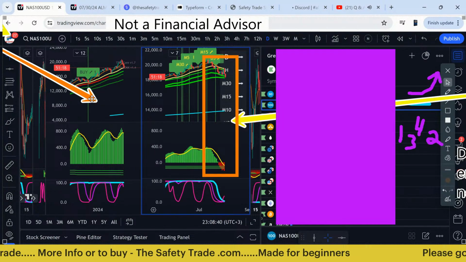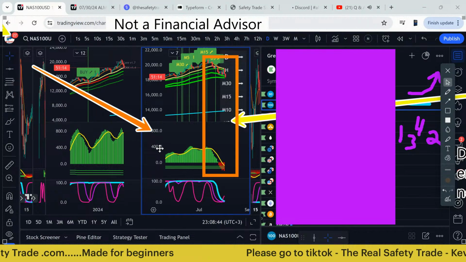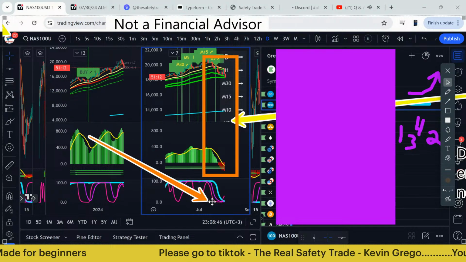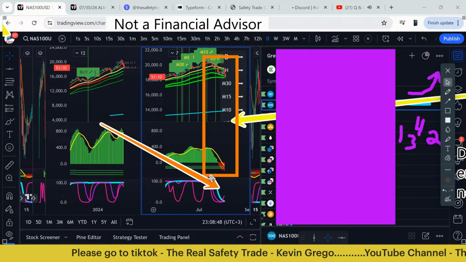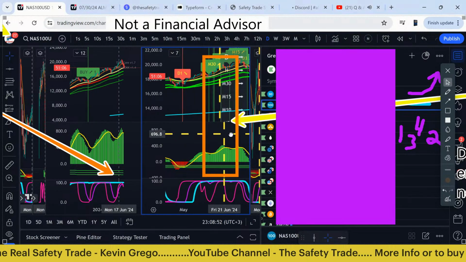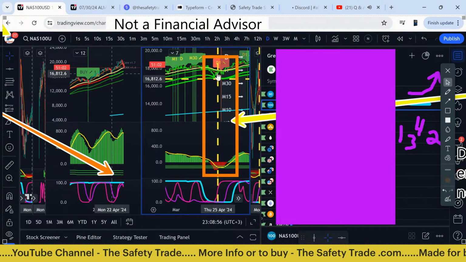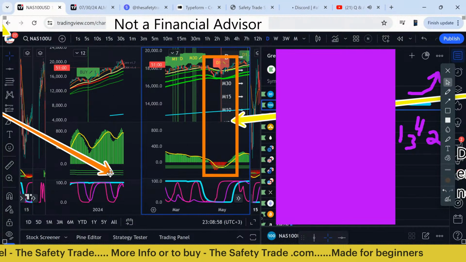Watch, this pink is crossing here. Boom. You can go ahead and put your buy stop in if you'd like, or like we were back here where this one was talking about. The one we were talking about was right here. And this is right here.